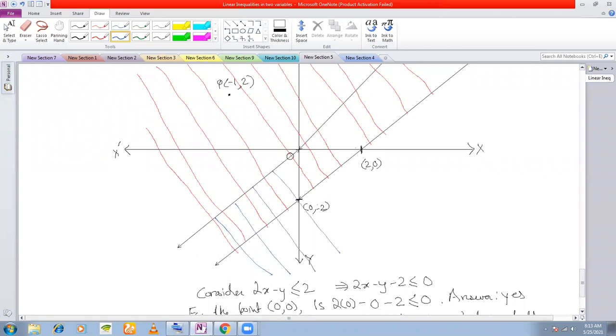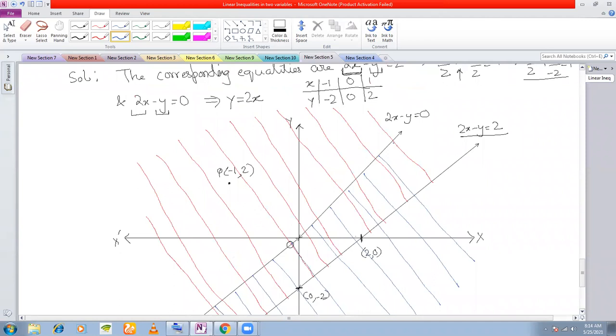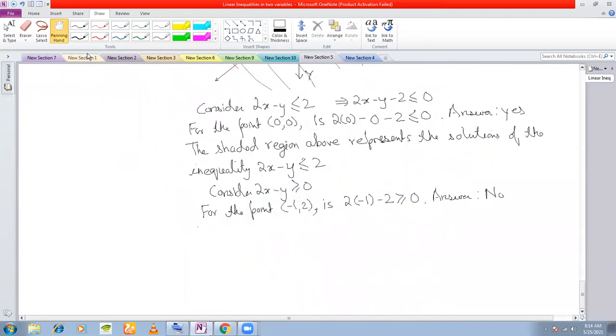Is it clear? Yes, sir. Okay. We will write here. In your copies, you can make 2 or 3 shadings, but when you're doing in your examination, you'll do only 1 shade.